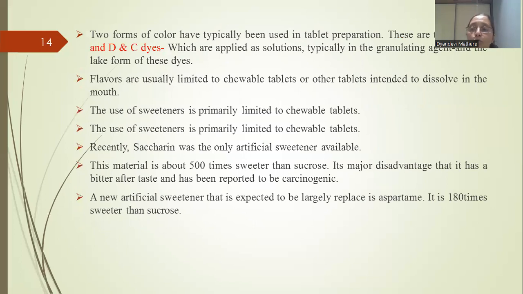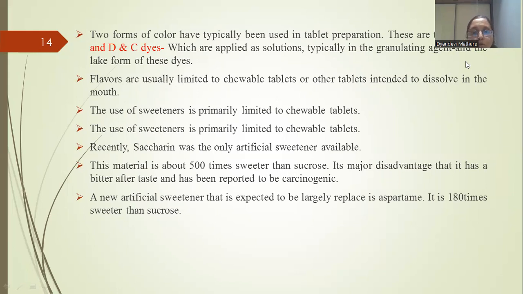So what are the examples of coloring agents? Two forms of colors are used in tablet preparation: FD&C and D&C dyes. Coloring agents are dyes, which are applied as a solution, typically in the granulating agent, and the lake form of these dyes.